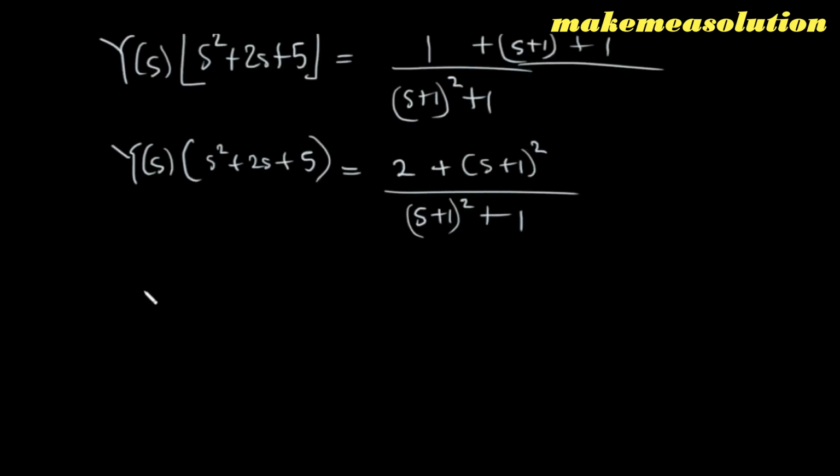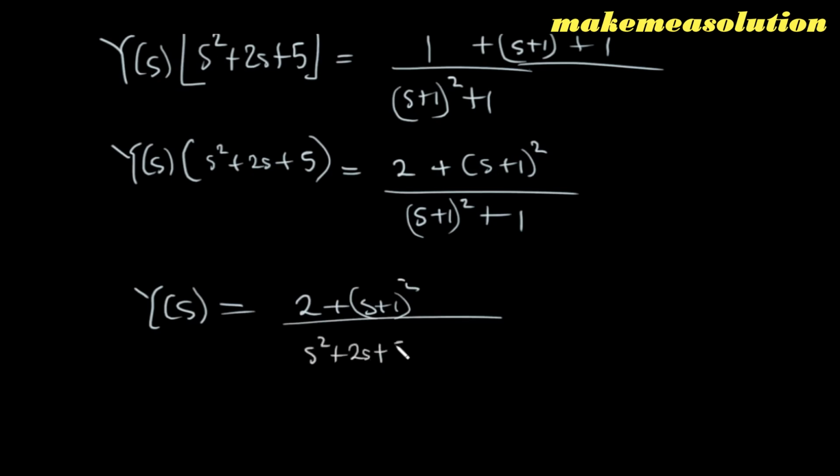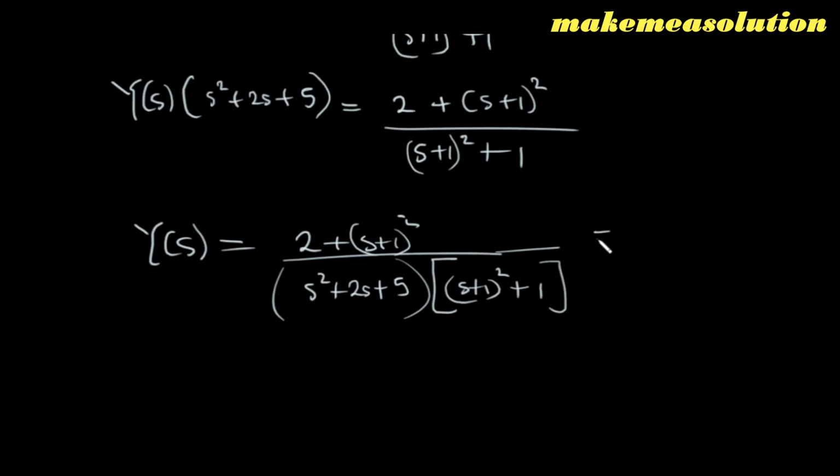So my Y of s is now 2 plus s plus 1 all squared all over s squared plus 2s plus 5 multiplied by s plus 1 all squared plus 1. Okay, so this is our transfer function.